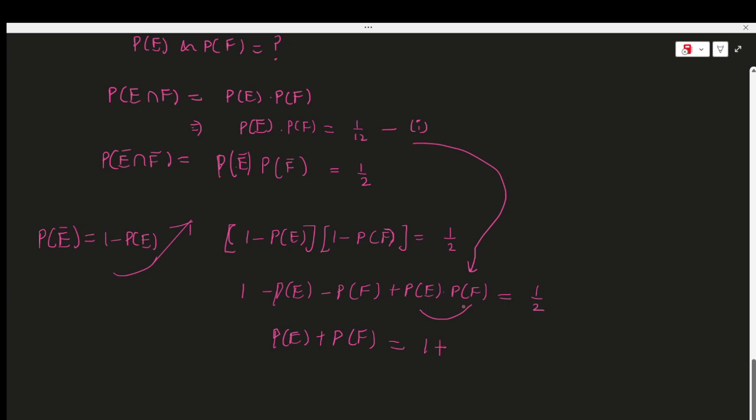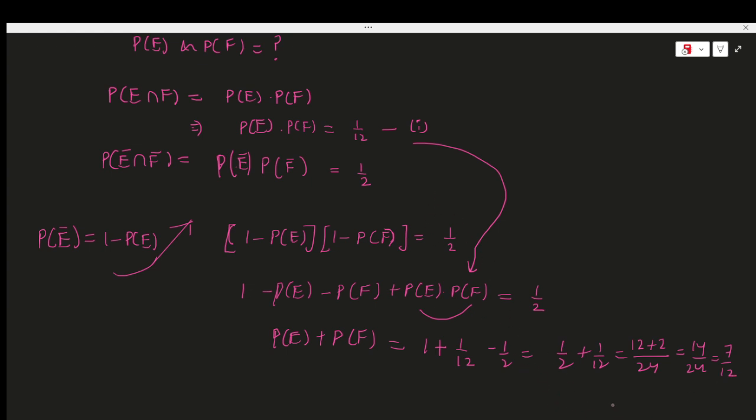One plus P(E) times P(F) will be 1 by 12, and then it will become like this. Then maybe we can just simply add them. It will become 7 by 12.